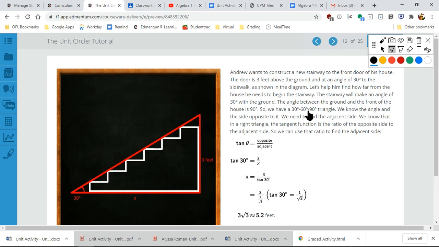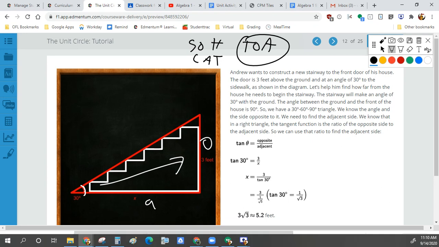If our angle is right here, this is going to be the opposite side, and over here we're going to have our adjacent. If we're looking at O and A, if we think about SOHCAHTOA, we're going to be using tangent.